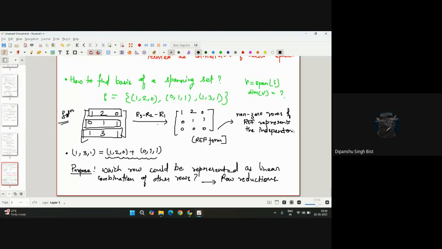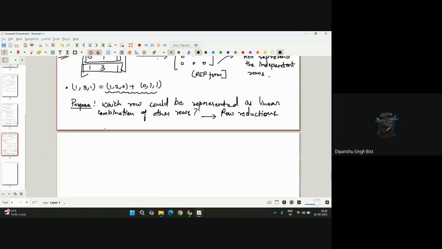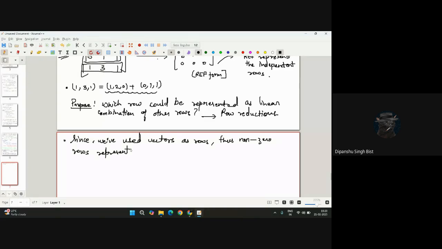Since we have used vectors as rows, the non-zero rows represent independent vectors.